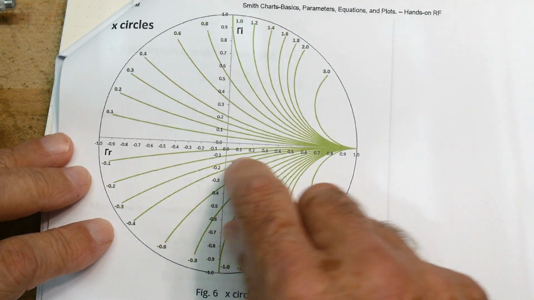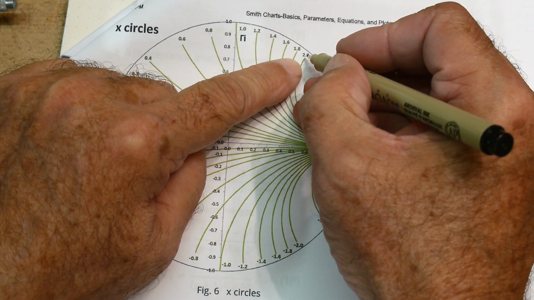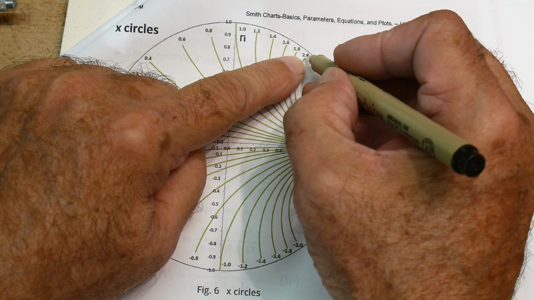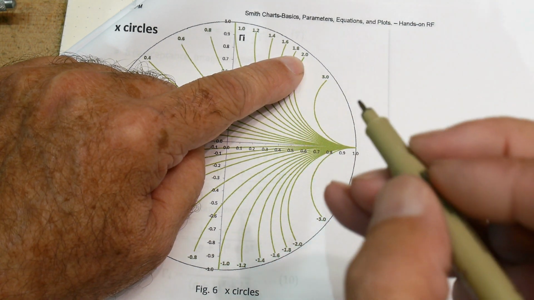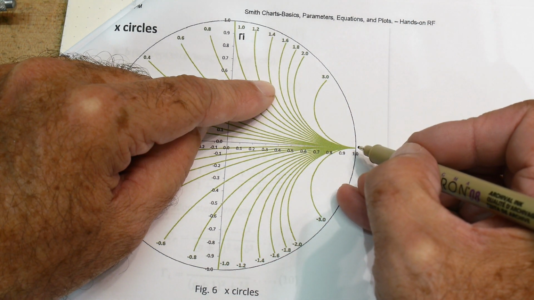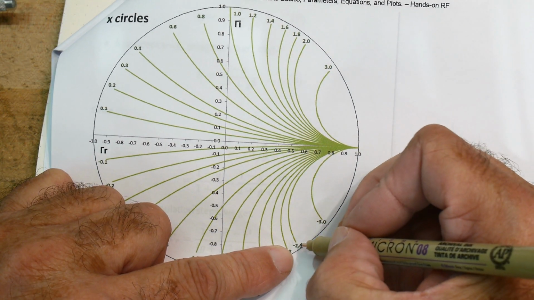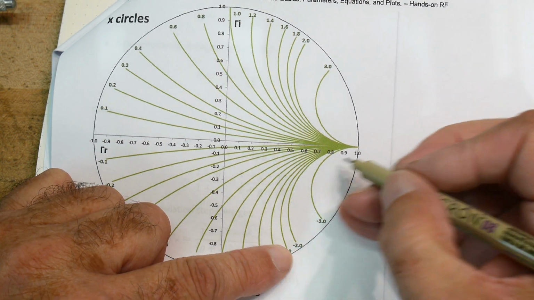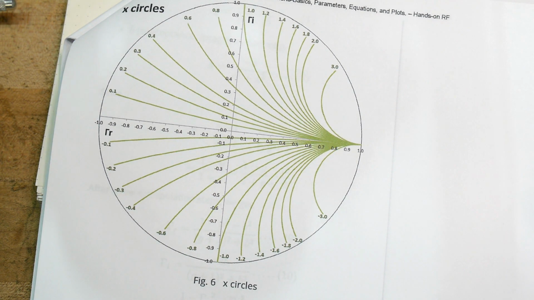This curve here is for reactance equal to plus 2.0, and we let resistance change, and we get this curve. Here's reactance equal to -2, and we let resistance vary, and we get this curve. So we get this set of curves. It's starting to look familiar, huh?